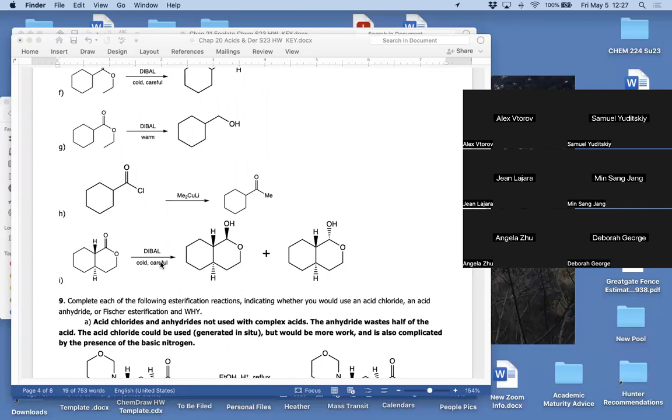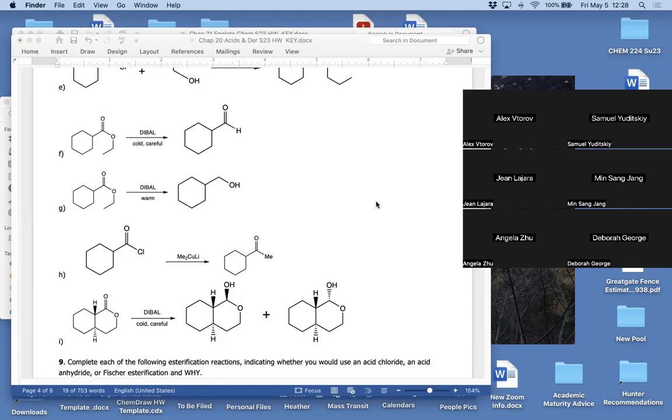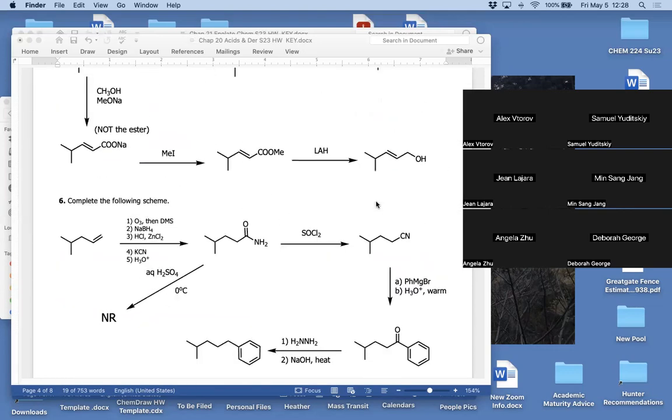It has to be carefully kept cold, or it over-reduces. So that's the only reason that's there. Okay, and then I think naming esters. Question 4, we're backing up to.